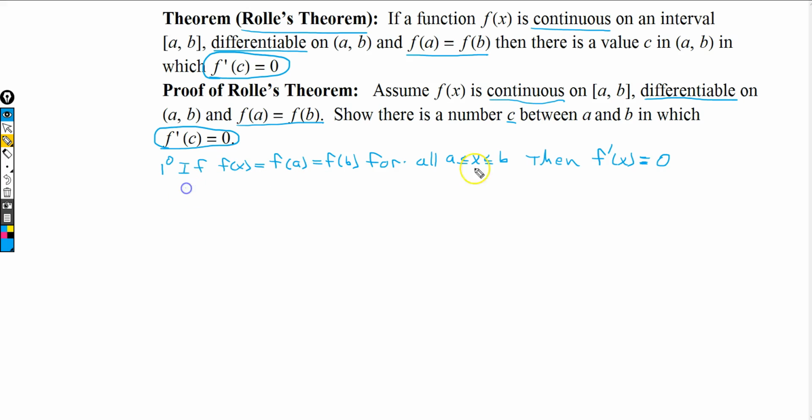In other words, just to justify this, d/dx of f of x would be d/dx of f of a, which is equal to 0 because this is a constant number right here. And so therefore c could be chosen to be any number between a and b.